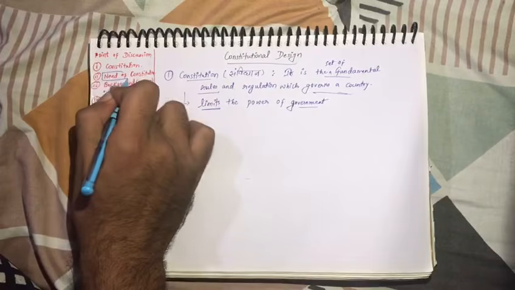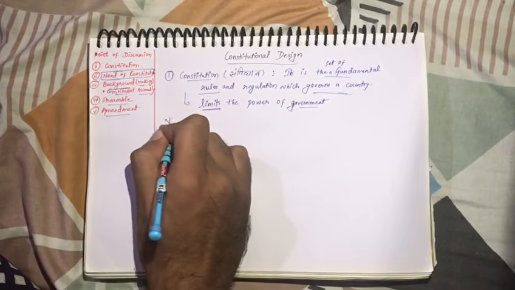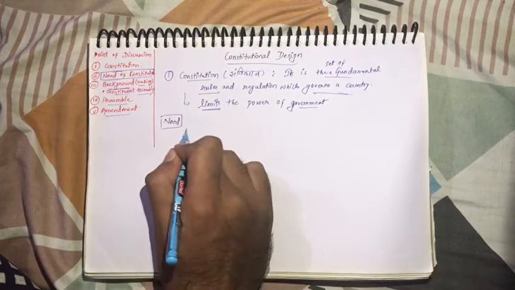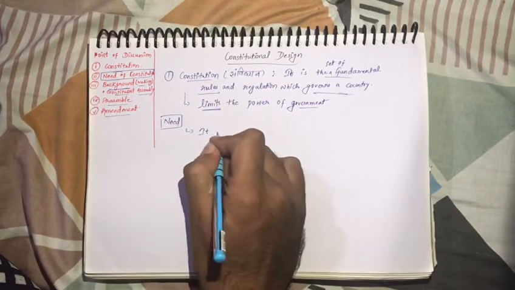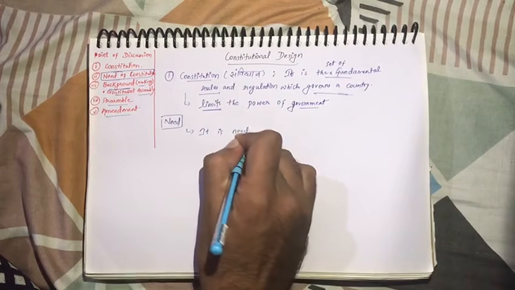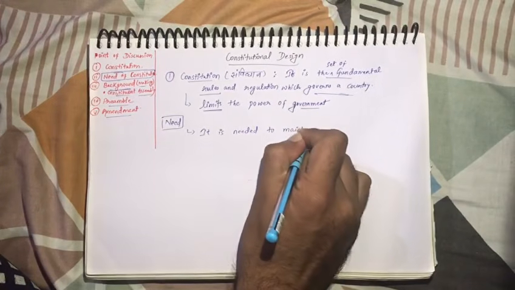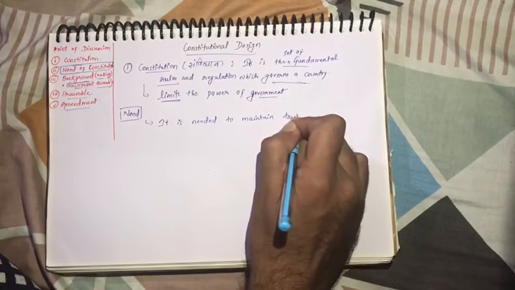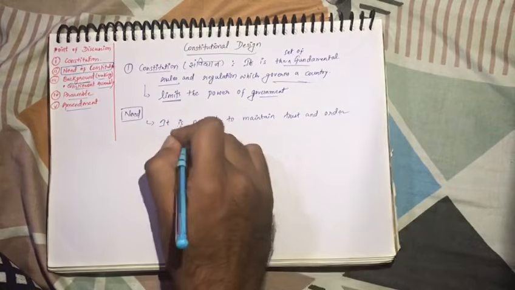Why is it needed? A very important thing, the need of the constitution. Again, I have told you sometime before that it is needed to maintain trust and social order. Trust and order in a country.